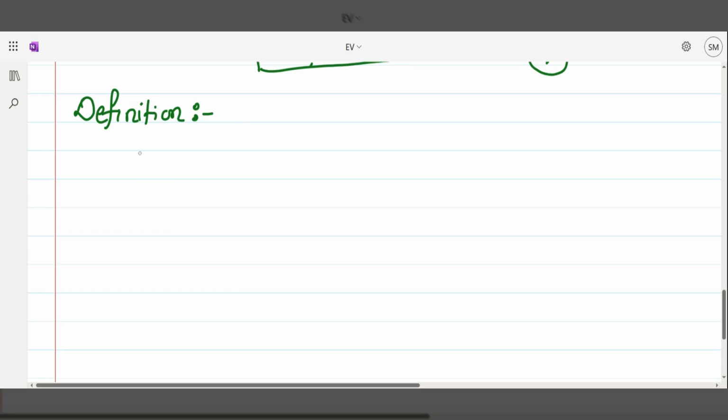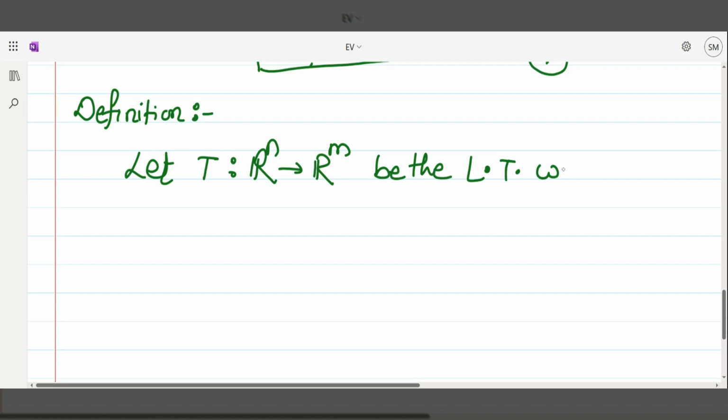Let T be a linear transformation from Rn to Rn with standard matrix A. Clearly this matrix will be of order n cross n.